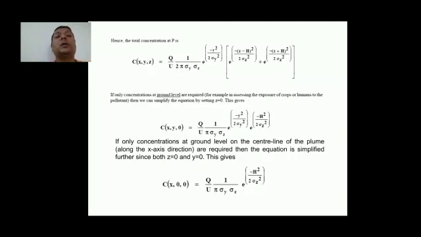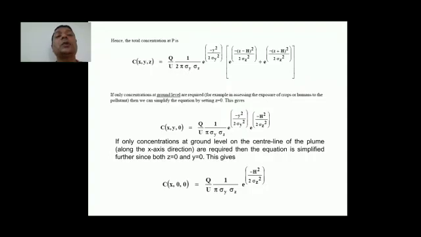If only concentration at ground level are required, for example in assessing the exposure of crops or humans to the pollutants, then we can simplify the equation by setting z equal to 0.